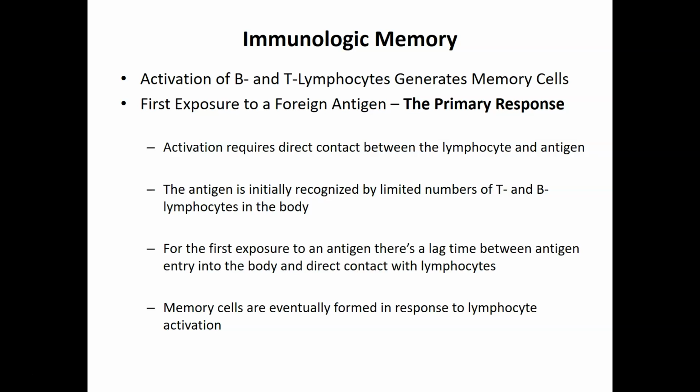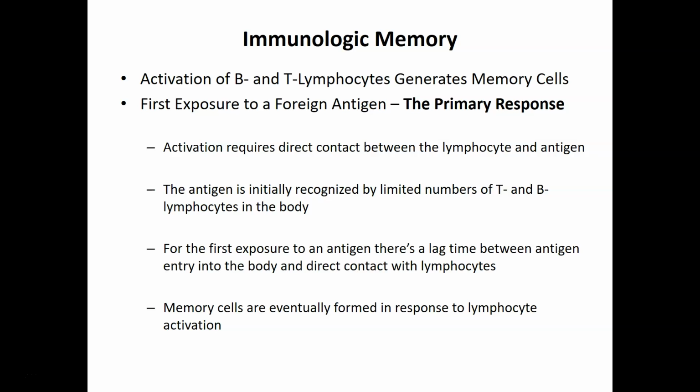So, if it gets into your skin, it might circulate through the lymph, go through a few lymph nodes, and even get into the bloodstream, get to the spleen, before finally it might be recognized by a lymphocyte and activate that lymphocyte. So just because you don't have very many cells that can recognize this antigen the first time you're exposed to it, it's going to take a while before it activates anything.